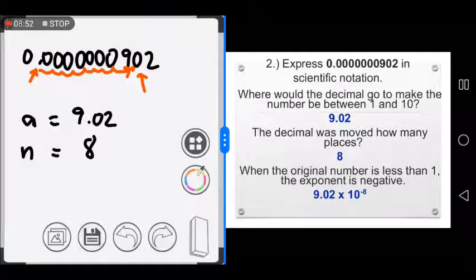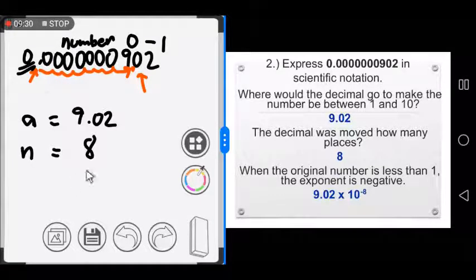Pero ito yung second natin na condition, pagdating sa exponents. Kapag ang number mo is between 0 and 1, ibig sabihin, ang atin pong whole number is 0, kagaya nito, ang whole number natin ay 0.